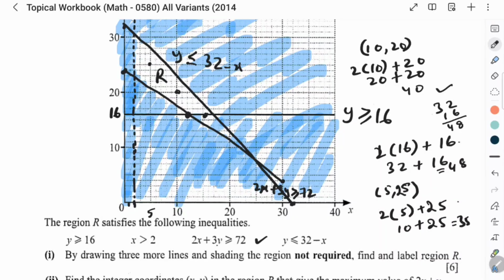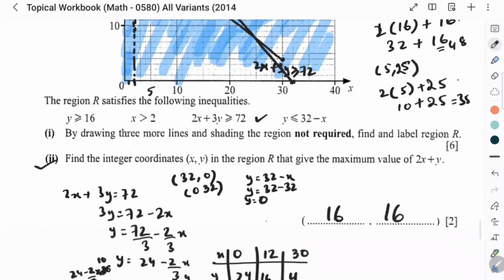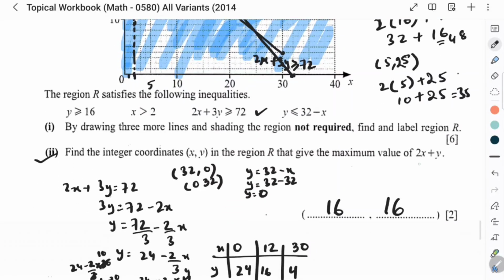So this is the maximum value, at 16 and 16. In 2x plus y, I put 16 in place of x and 16 for y, and then we get the maximum value. This time we didn't write the answer; they are asking us to find the integer coordinates which give the maximum value. Okay, move to the next question.